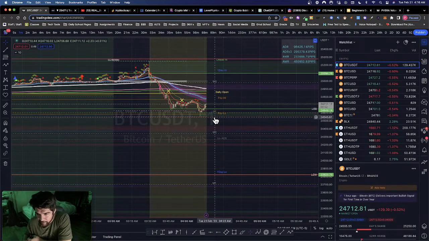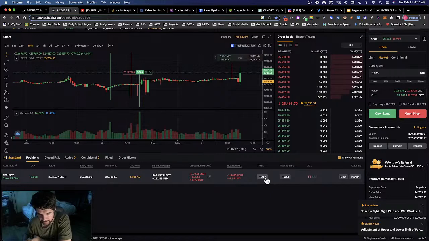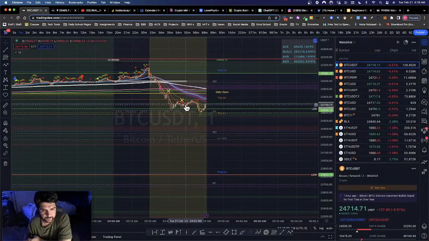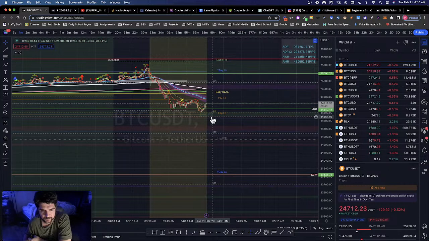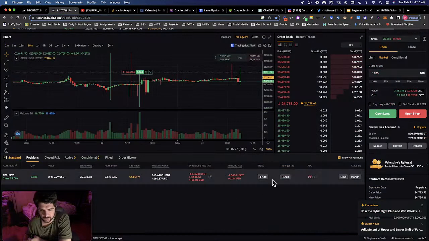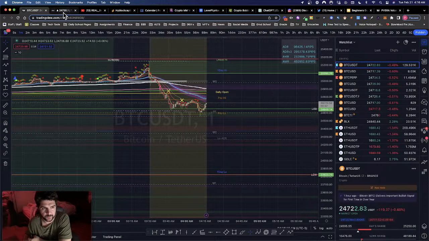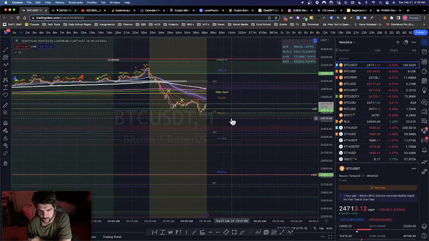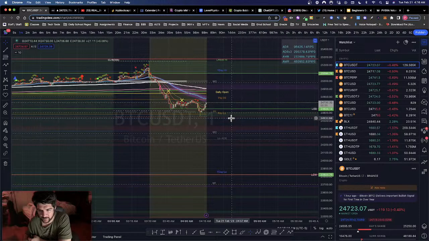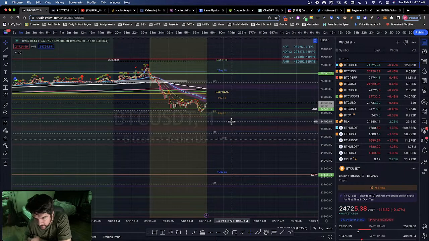Stop loss. Is it on? $24,540. 24,540, was that? 24,535. 24,493.